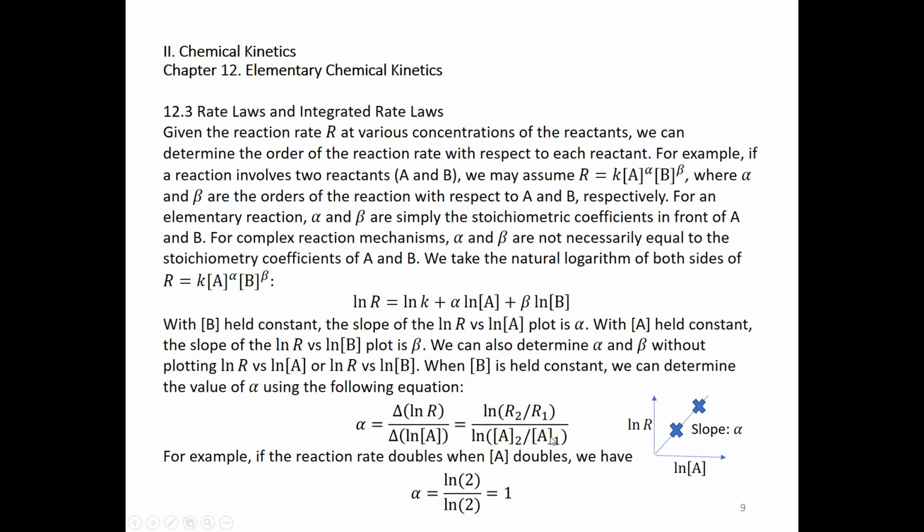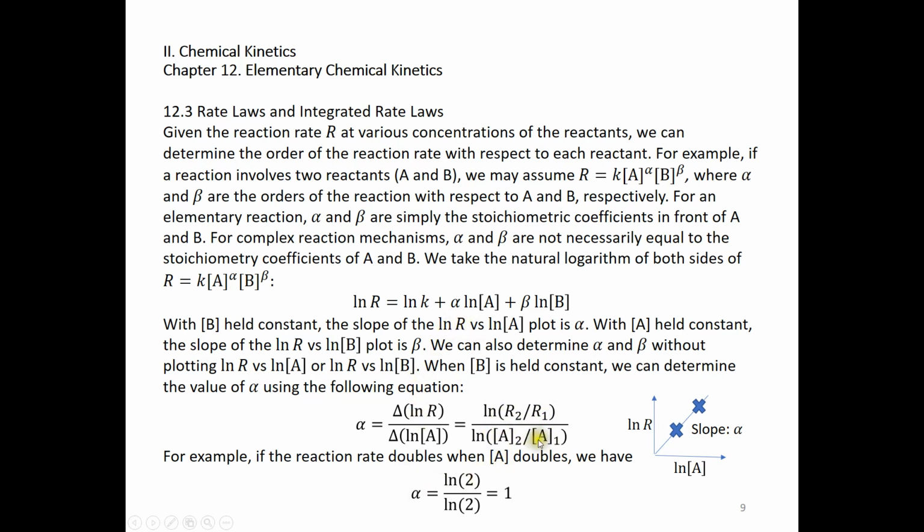Again, if we hold B constant and can measure the reaction rate for two different concentrations of A, then we can plug in these four values to get alpha. For example, if the reaction rate doubles when A doubles, we simply have this equal to 2, this equal to 2, and alpha is just 1.